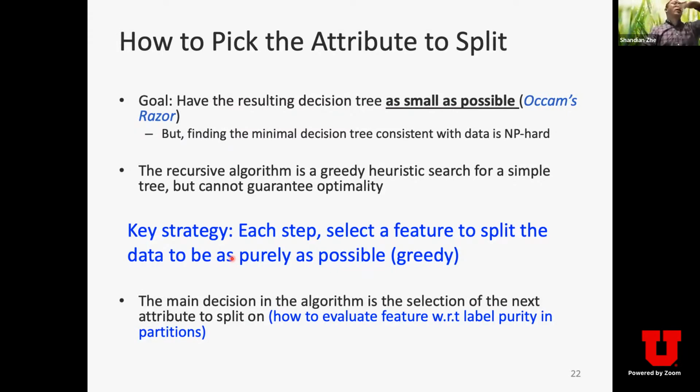You never look at what will happen if I alter the previous attributes. I just assume all the previous attributes have already been selected and fixed, and I only pick the best attribute at the current stage. So it's a locally optimal strategy, and a locally optimal strategy does not usually give you the global optimum.